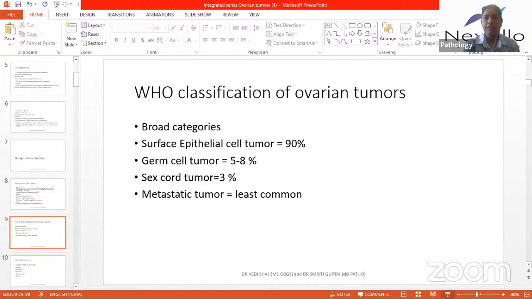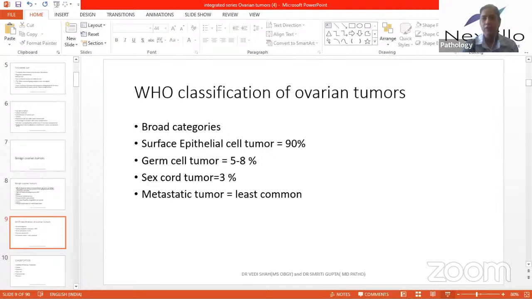As I already told, they can arise from any of the parts of the ovary. Starting with surface epithelial tumors, as the name suggests, they arise from the epithelium or the lining of the ovary. Depending on how they behave in the microscopy, they are divided into categories like serous, mucinous, clear cell, endometrioid, and Brenner's.